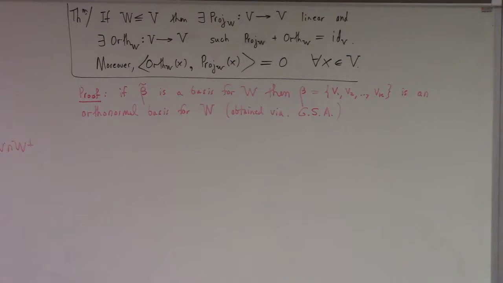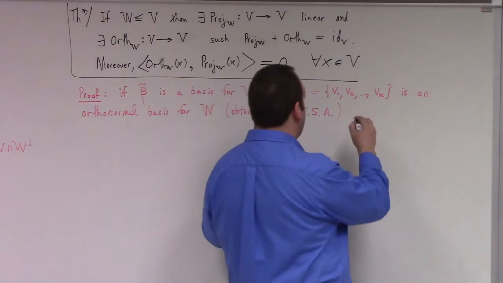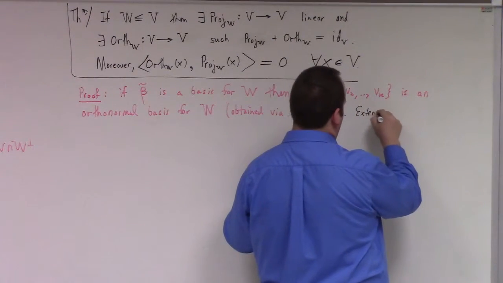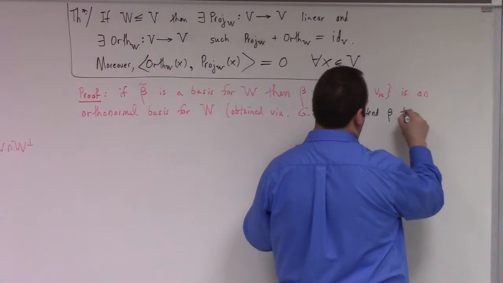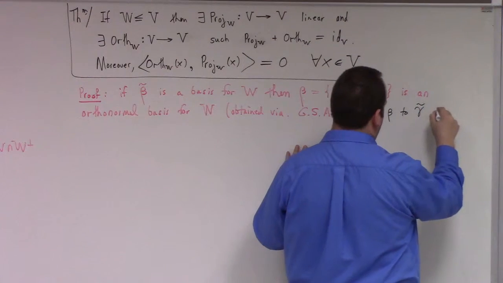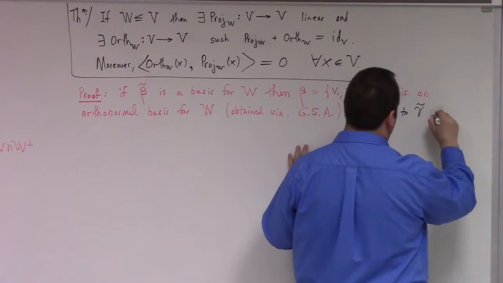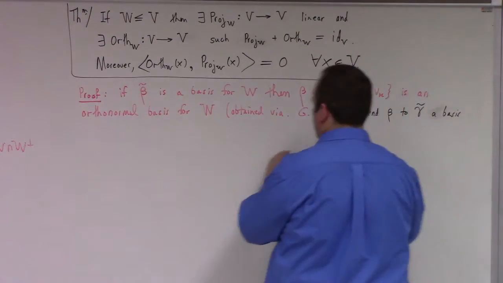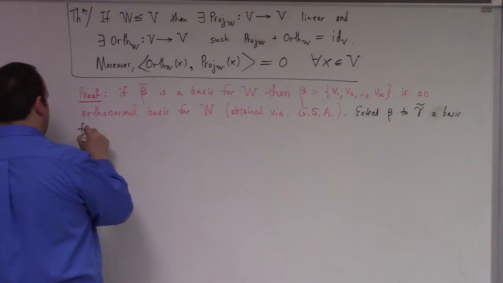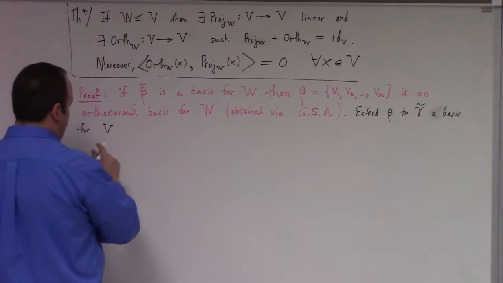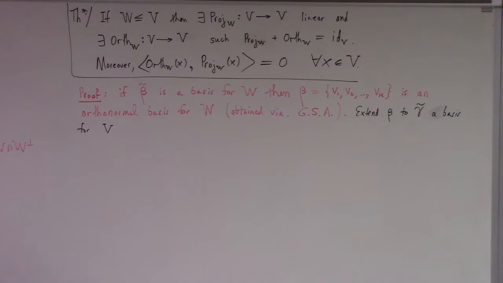Now W is a subspace. What can you do to any basis for a subspace of a vector space? We can extend it to a basis for all of V, right? So extend beta to gamma tilde, a basis for V. We can do that by our previous basis extension theorems earlier in the course.